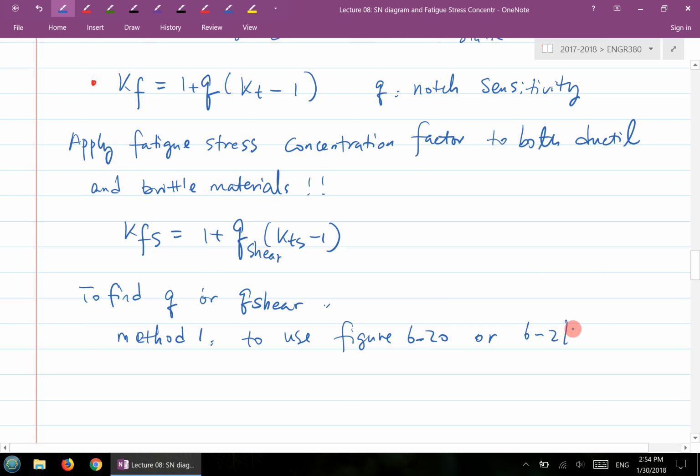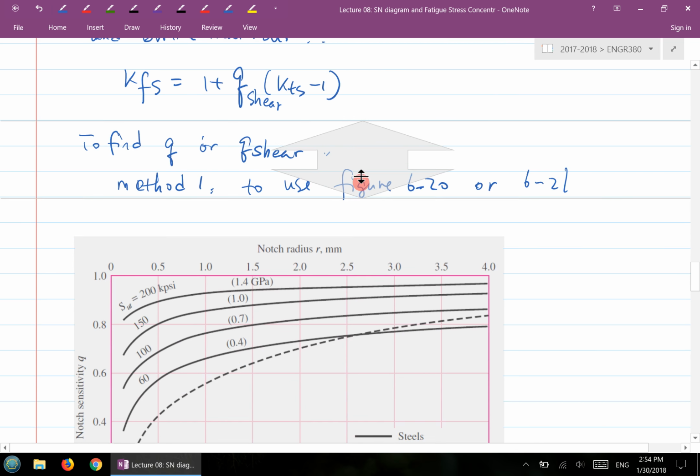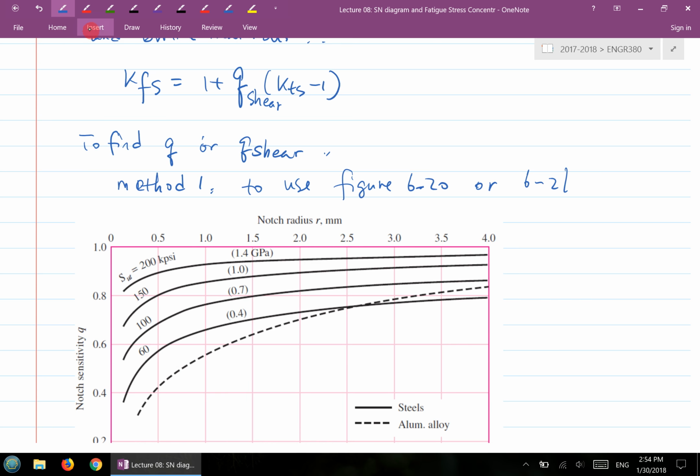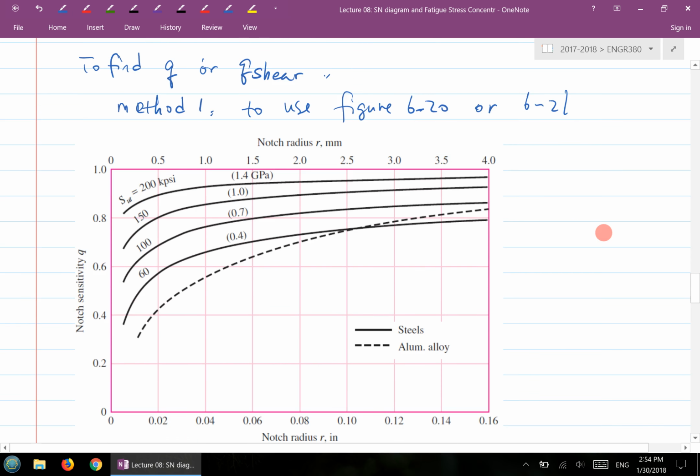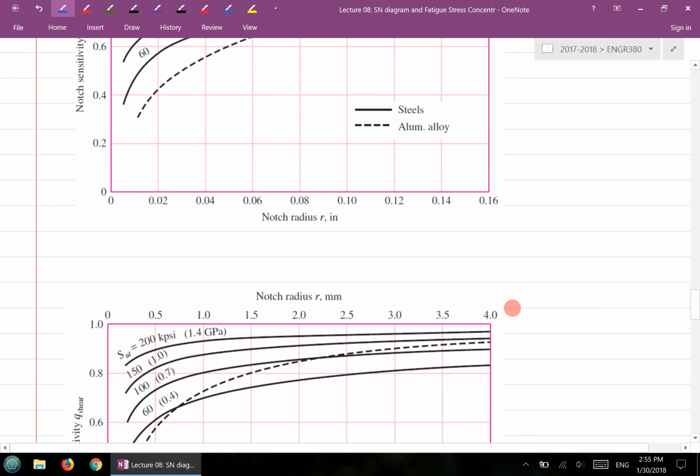So you use the two figures to find out the Q and the Q shear. I have the two figures over here. This is figure 6-20, and here is figure 6-21.